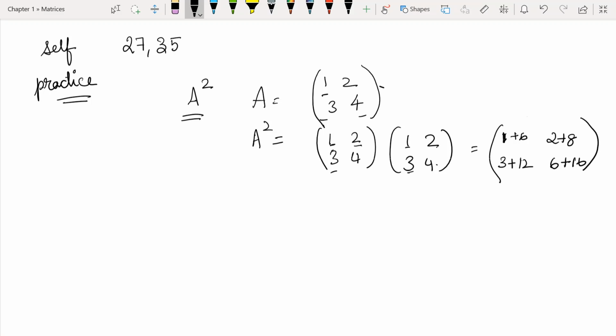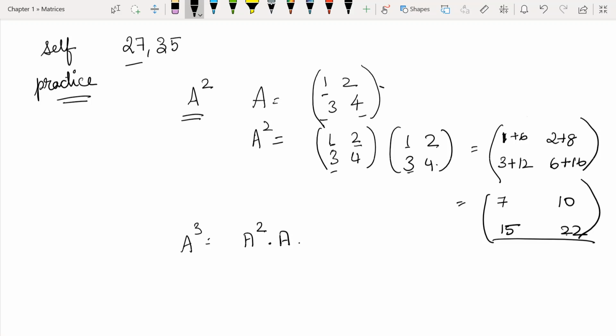This is your A square value, that is 7, 10, 15, 22. Now A cube will be A square into A. So the moment you get A square, you multiply it by A. That is what you have to do in question number 27. I have given you the clue. Please try solving it and then come back to me if you have any questions.